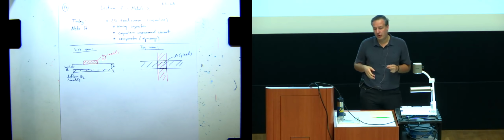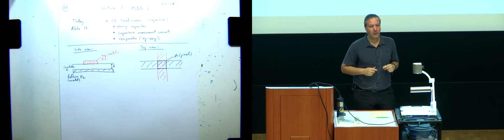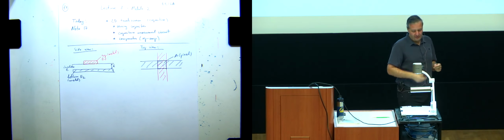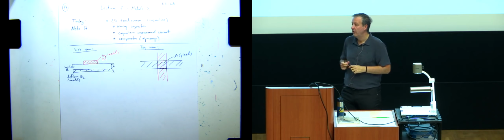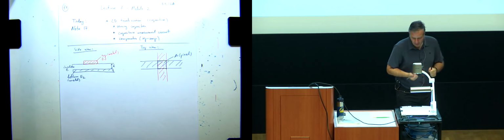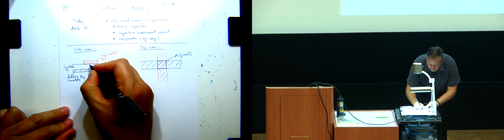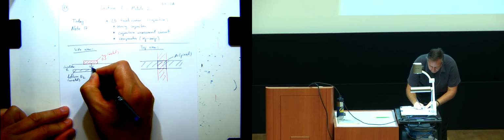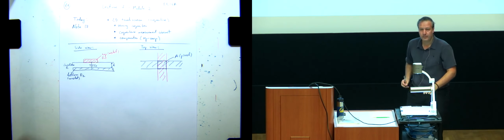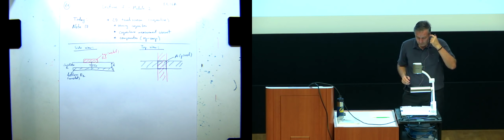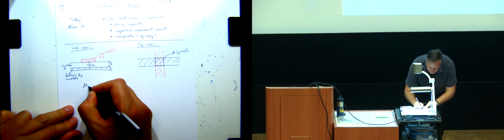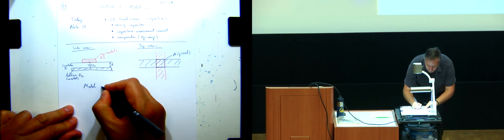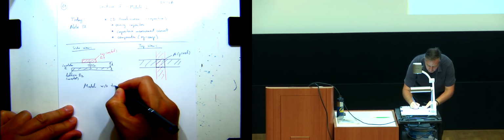So if you look at this structure, what forms naturally as a circuit element between these two conductors? A capacitor, right? And so this is one plate of the capacitor, and this is another plate. So I'll just sketch it here. Right. And so we can write, this is the model without touch.